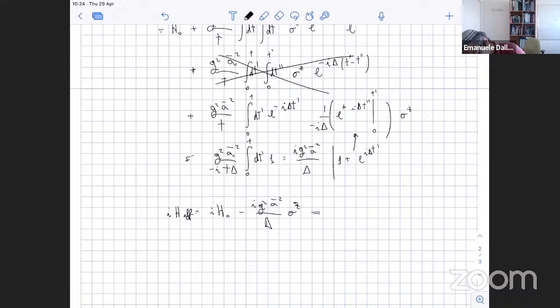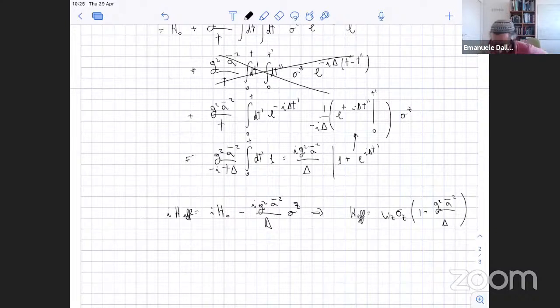In other words, H effective is basically omega z sigma z times 1 plus 1 minus g squared a bar squared over delta. Okay, so this is the key.